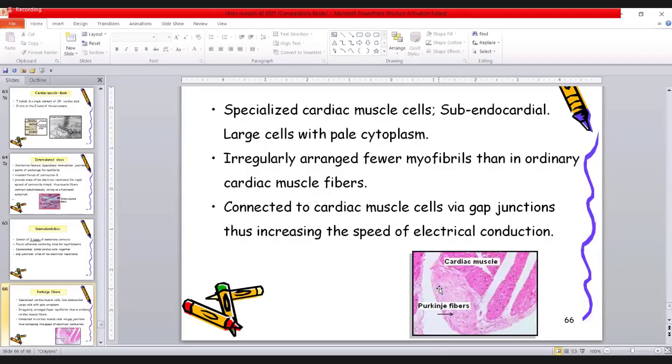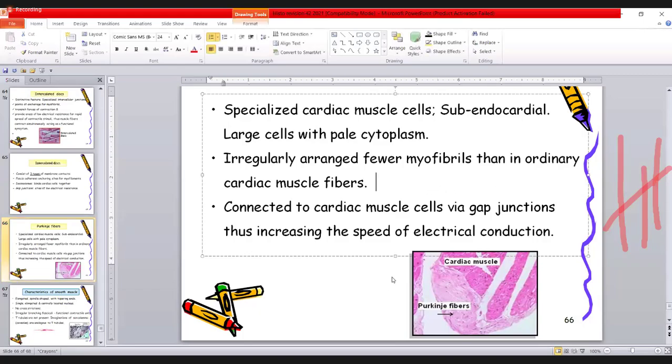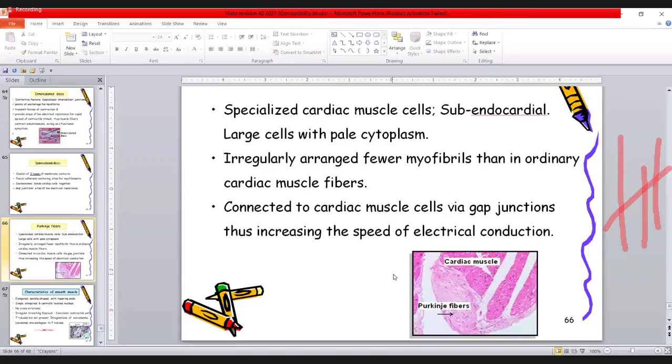The number of myofibers is less than in cardiac muscle cells. They have cell contacts with the cardiac muscle cells via gap junctions, therefore they enhance electrical conduction. So that's about cardiac muscle cells. Any other special features of cardiac muscle cells?